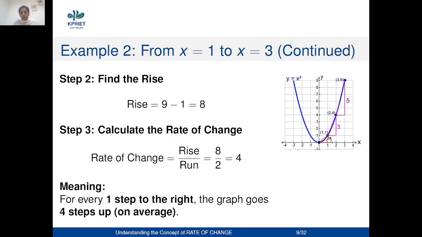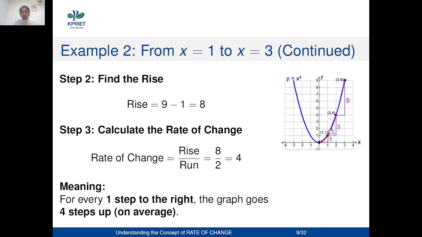Let me repeat one more time. From the point 1 to 3, we have to observe the rate of change happens for the distance of 2 units, which means for every jump I have to consider 2 units. So for each jump 2 units is considered.